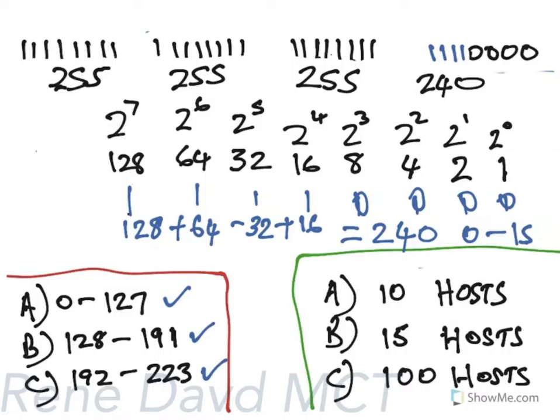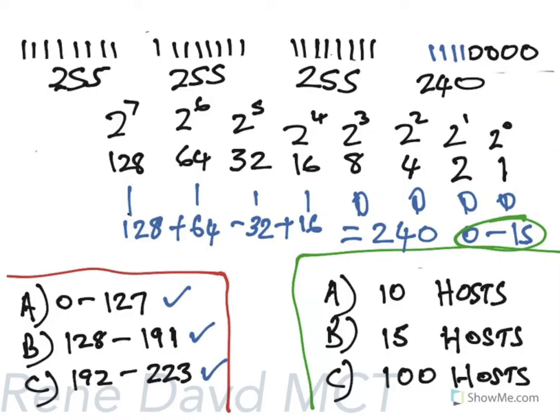Now I'm going to leave this exactly as is for now, so that we can look at what 15 hosts is. If you remember, what we said earlier was we needed 4 bits to get to 0 to 15. But if you remember from earlier, we said that the first and the last address have special meaning. So the first one is the network identifier.